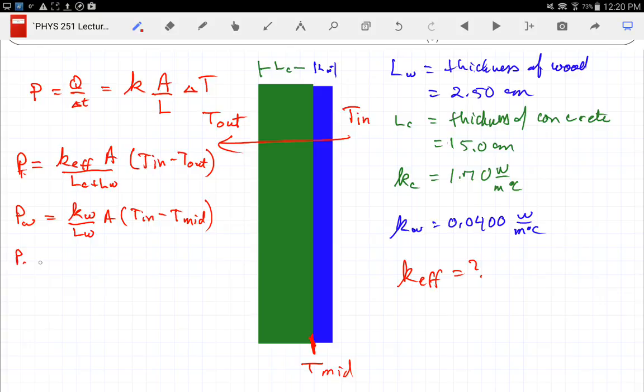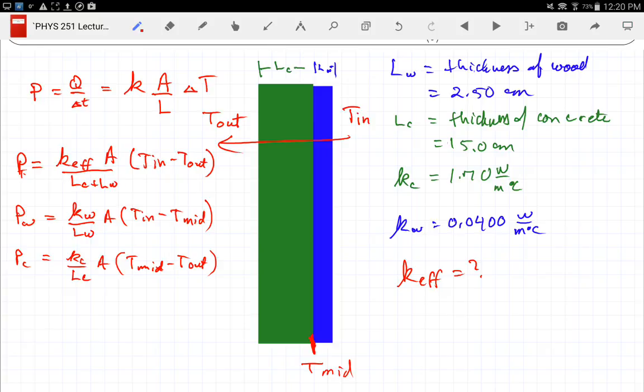And finally, what would I have for the power for the concrete? Yes. So now I have these three powers that we said all equal each other. The total power is equal to the power going through one is equal to the power going through the other.